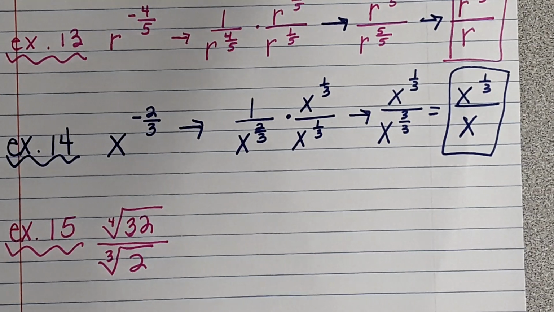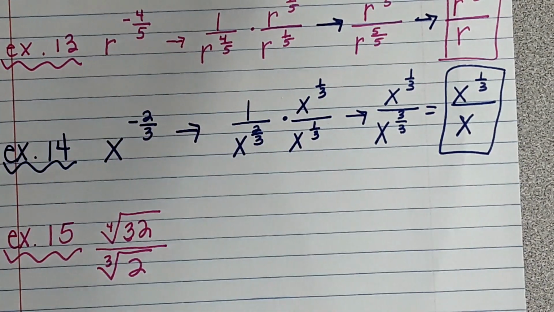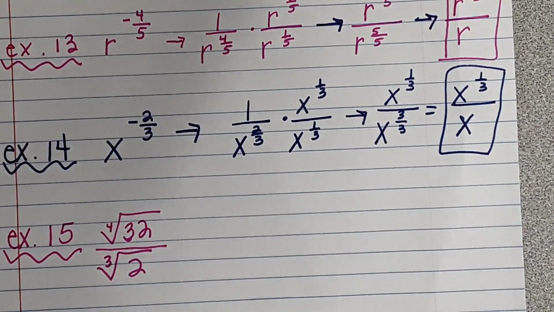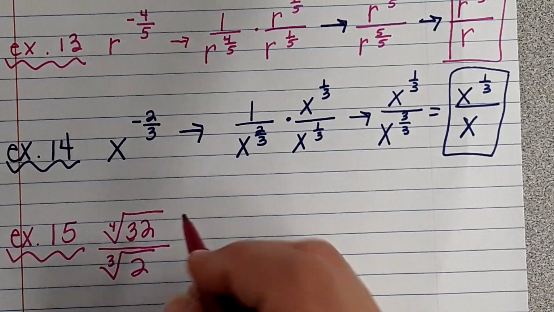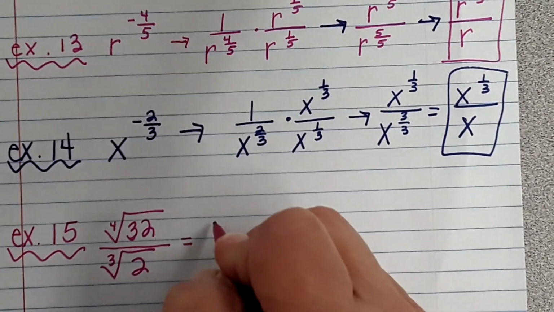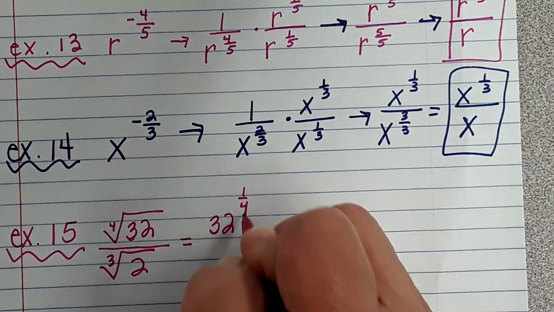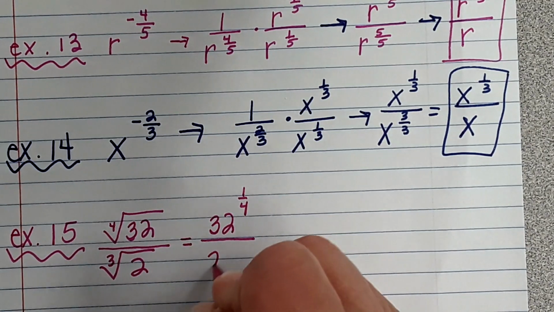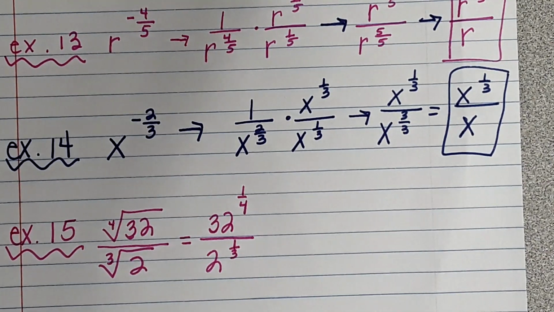Okay, you guys, it started as a radical. That means our final answer is going to be in radical form. So what we have to do is rewrite this. We're going to write 32 to the 1/4 over 2 to the 1/3. So that's what we did last night for homework, okay?